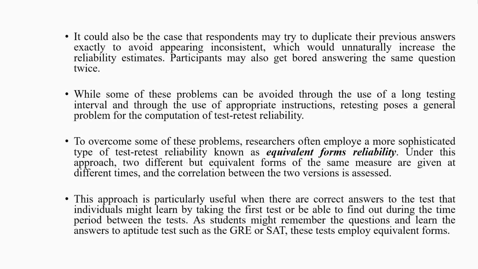It could also be the case that the respondent might try to just duplicate the answer. Say, for example, they want to come out as extremely consistent, so they remember what they answered in the first administration. Oh, I answered 1 here on a Likert scale, between 1 to 5, so the participant remembers on each item what they opted for. So, on item 1 I said 1, item 2 I said 4, item 3 I said 2.